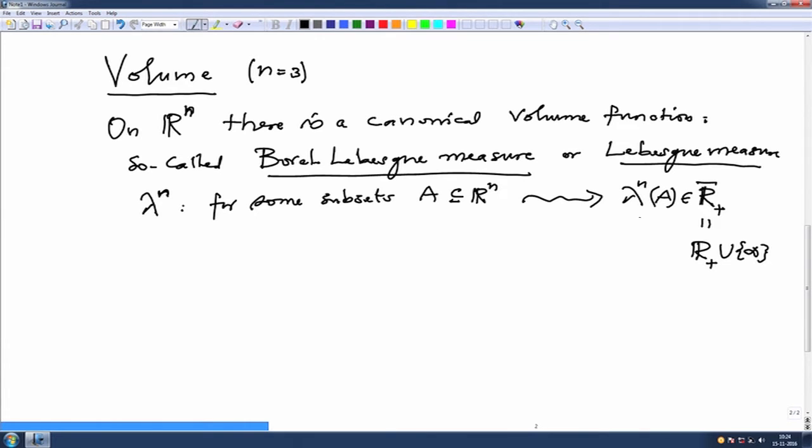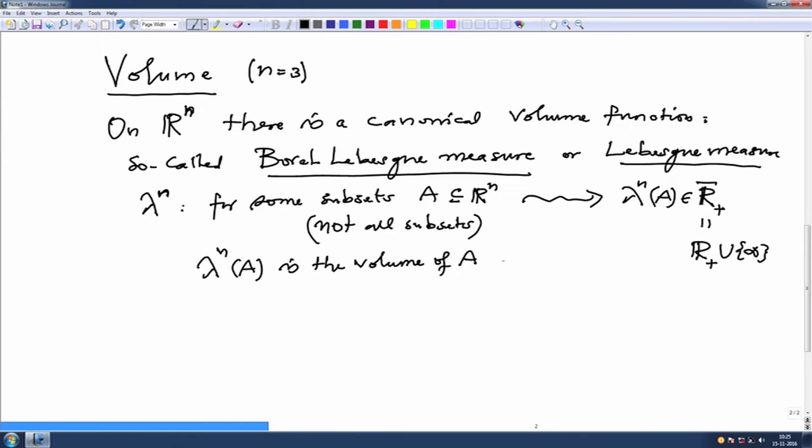And that is usually called the volume, and this is associated for some subsets only, not all. And whenever it is associated, one calls lambda n of A the volume of A, or also the measure of A.